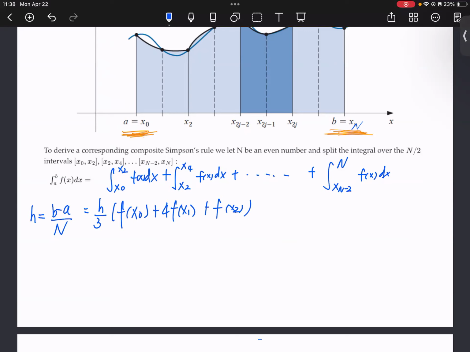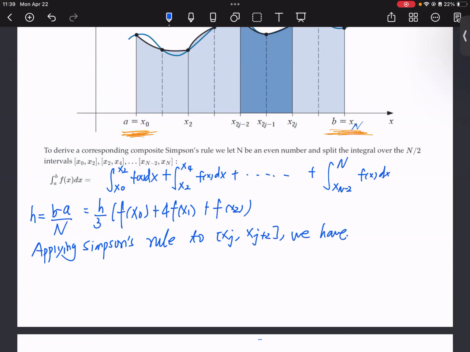So we have applying the Simpson's rule to the intervals xj to xj+2.